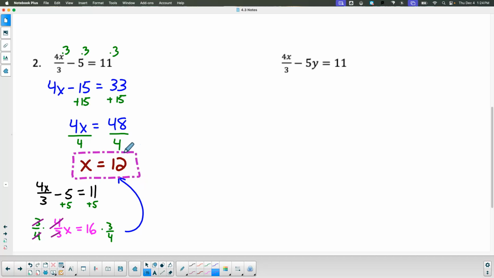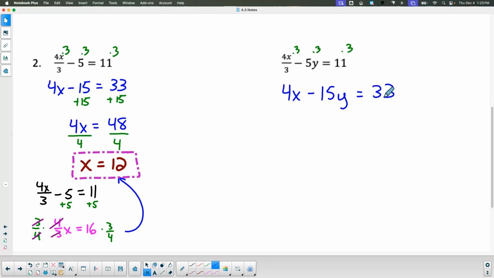What would you do first on the right equation? Multiply by 3 everywhere. Okay, that's fine. We can do that. Then we would get 4x minus 15y equals 33. Then what?